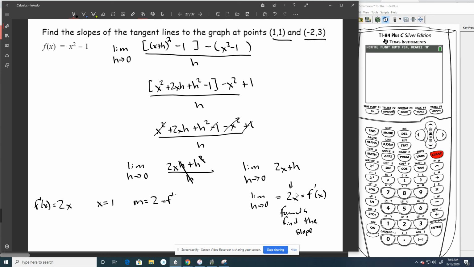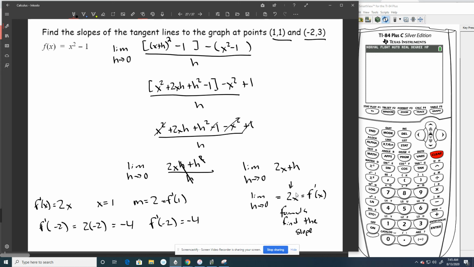So my f prime of 1 equals 2. My f prime of negative 2, when I plug in a negative 2, equals 2 times negative 2, which equals negative 4. So my slope at negative 2 is equal to negative 4.